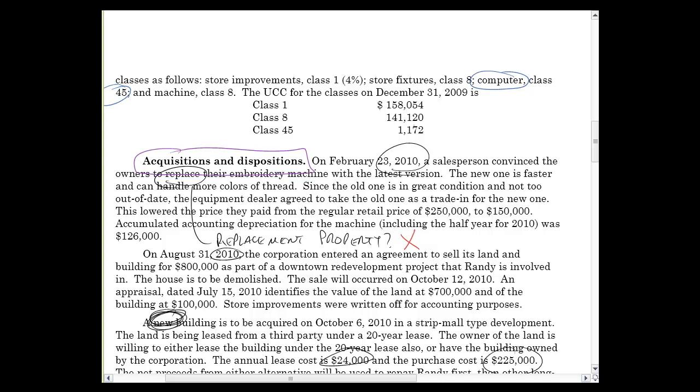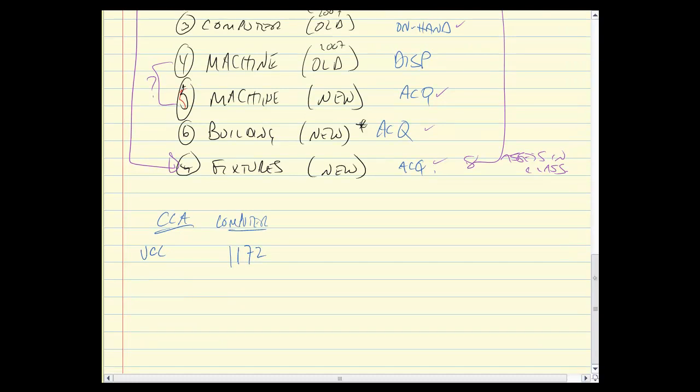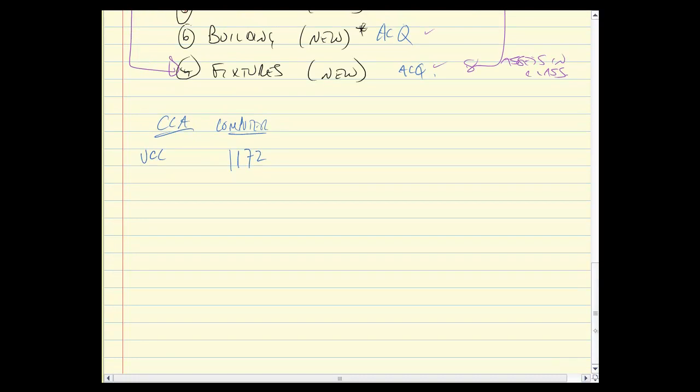So class 45 starts the year at 1172. So UCC start is 1172. But let's not let the question tell us what else goes on a CCA schedule. Let's prepare the left-hand side of our CCA schedule.